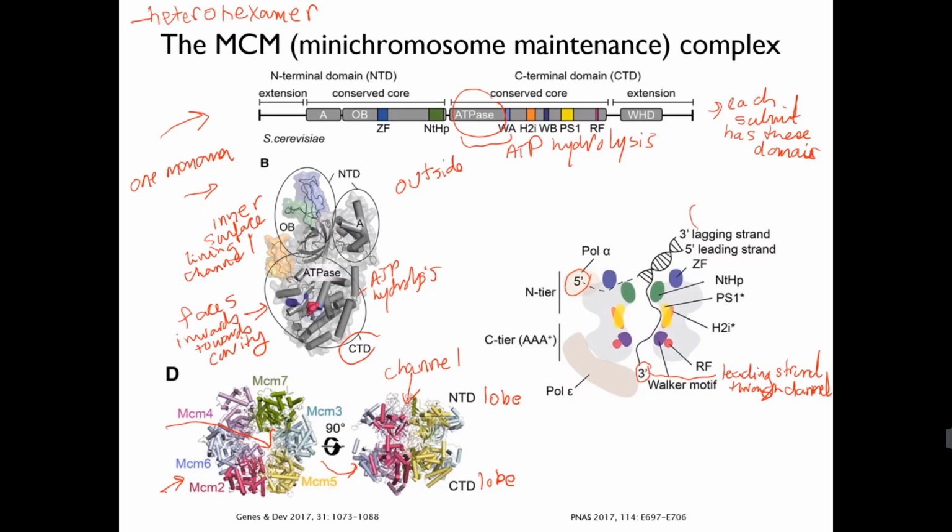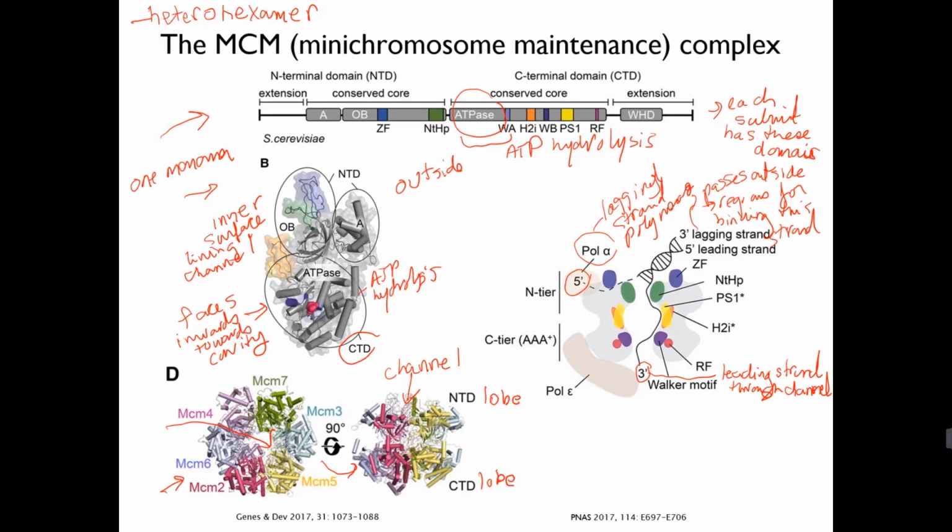So this lagging strand passes outside, and there are regions for binding this strand. Okay, and this Pol alpha here is actually the lagging strand polymerase. And we'll get into that in just a few more minutes.